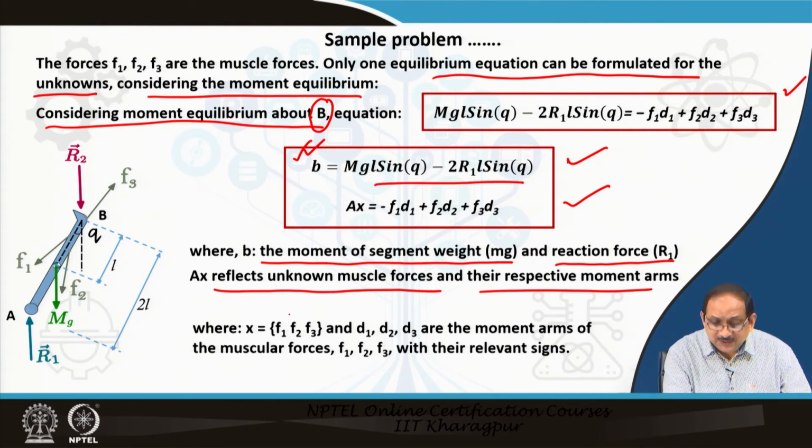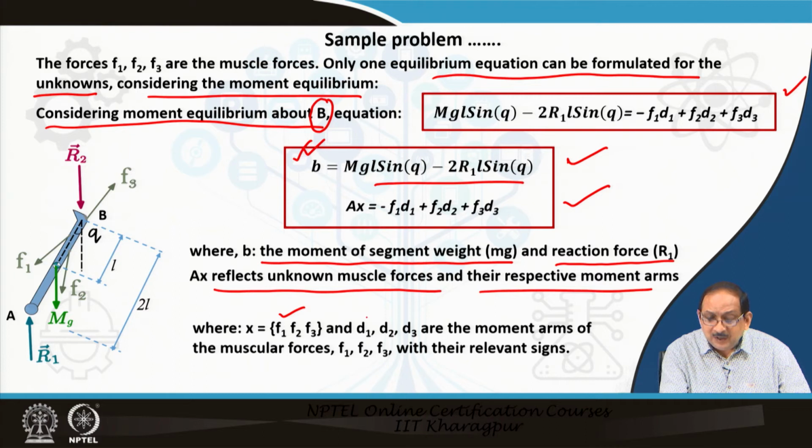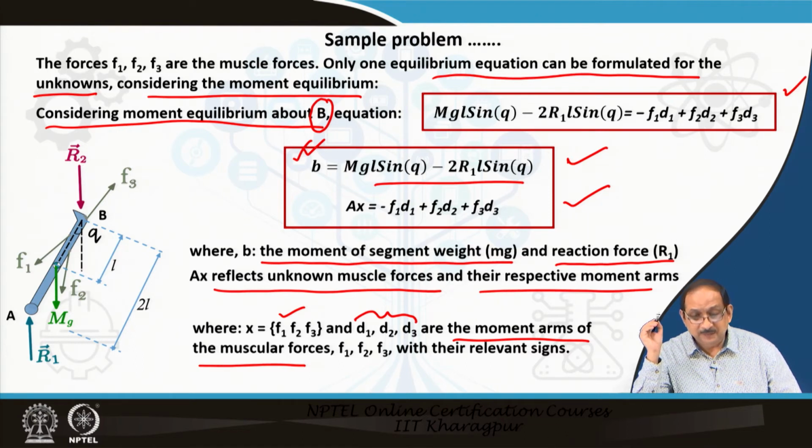So, x is the set of unknown muscle forces F1, F2, F3, and D1, D2, D3 are the corresponding moment arms of the muscular forces F1, F2, F3 with relevant signs.